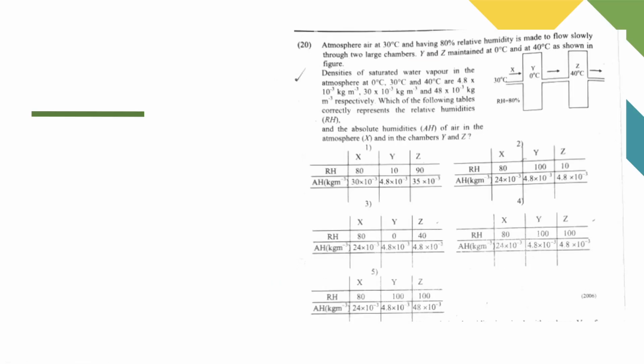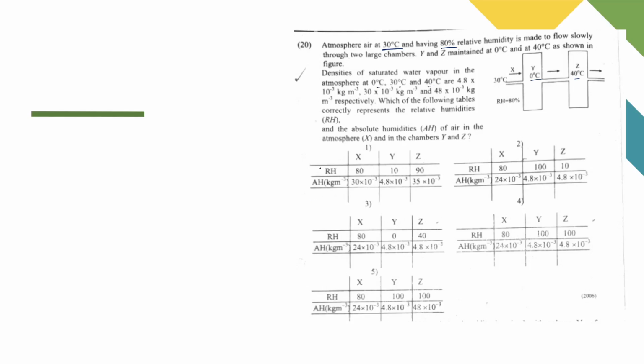Let's look at this question. First of all, we are taking in air at 30 degrees Celsius. RH is 80%. Chamber Y is maintained at 0 and Z is maintained at 40. So they have given the SVP at 0, 30 and 40.